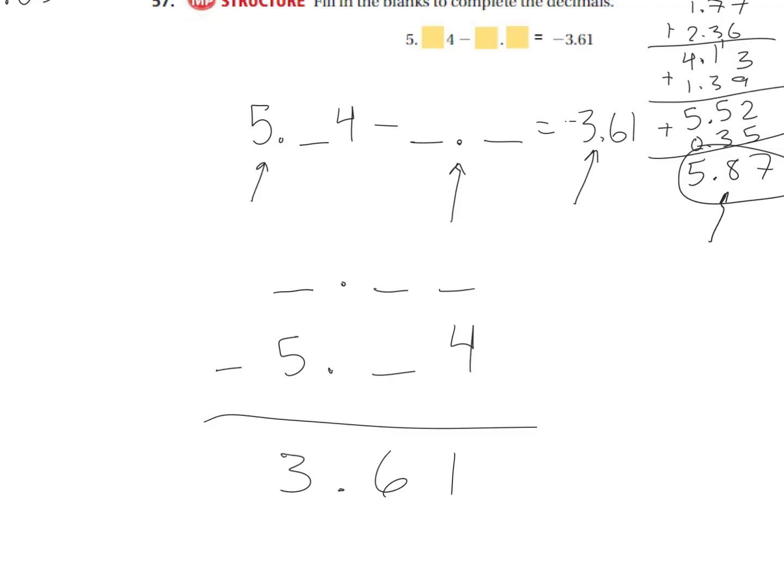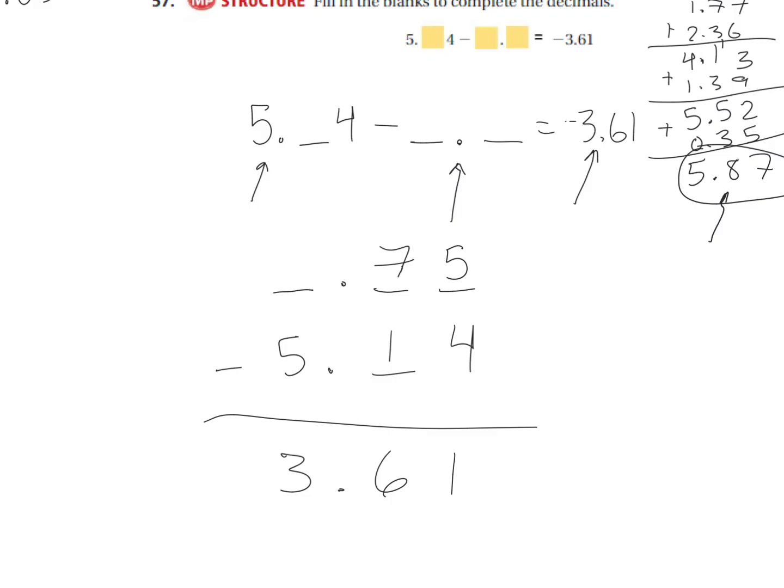Okay, and now we can start filling in the pieces here. So if I had this, I want something minus 4 is 1. Well, this would need to be 5. How do I get to 6? Well, I could do this a couple different ways. I could do 9 and 3. I could do 8 and 2. Or I could do 7 and 1. I'll stick with that. Doesn't really matter.